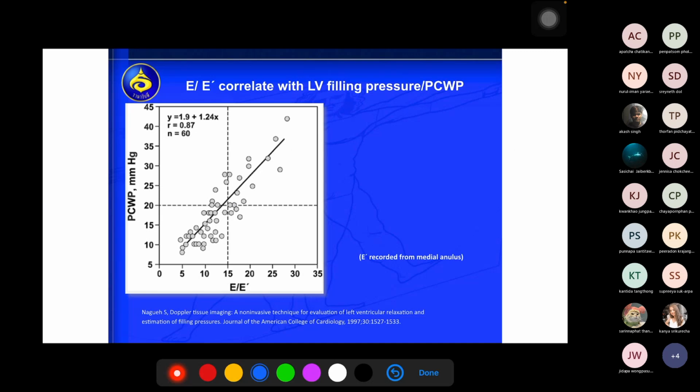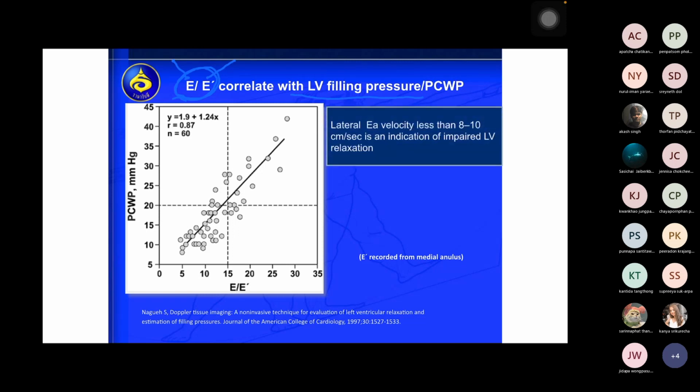He used the standard LV filling pressure measured directly from the intracardiac catheter and correlated it with the E to E prime ratio. E we get from the mitral valve inflow and E prime we get from the tissue Doppler imaging. This E to E prime ratio correlates well with the LV filling pressure.